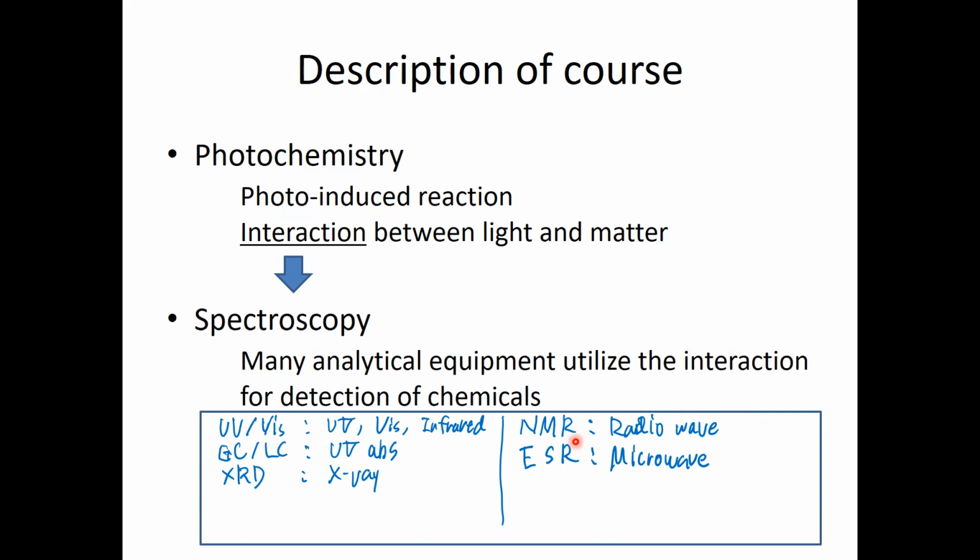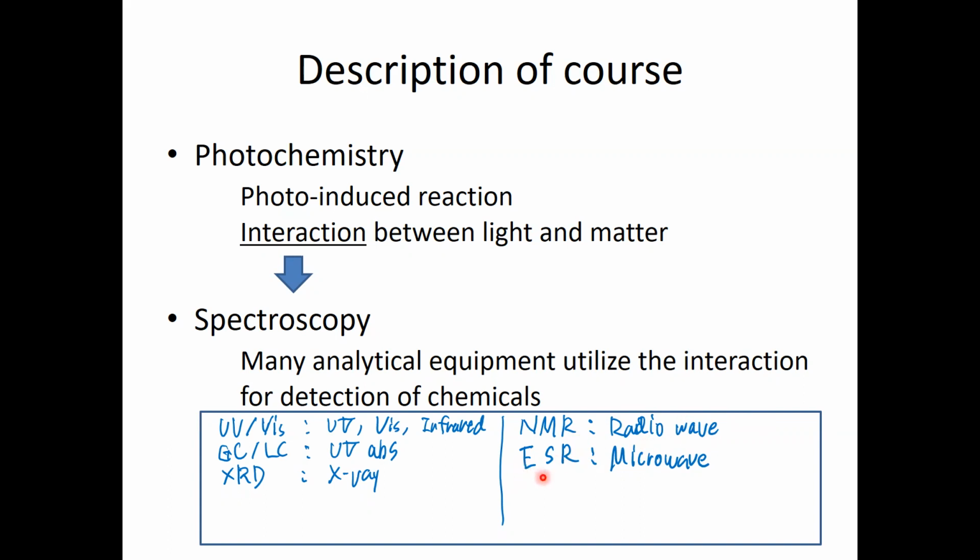The splitting of the energy level is detected by the absorption of radio waves, which is one of the lights in the long wavelength range.